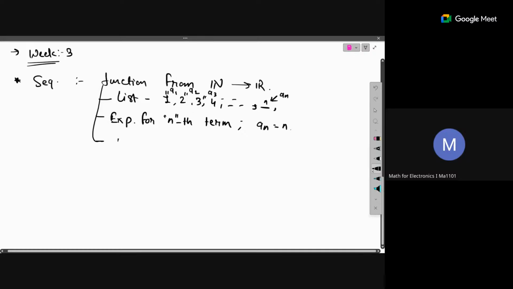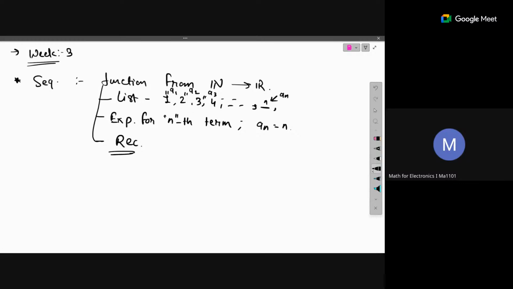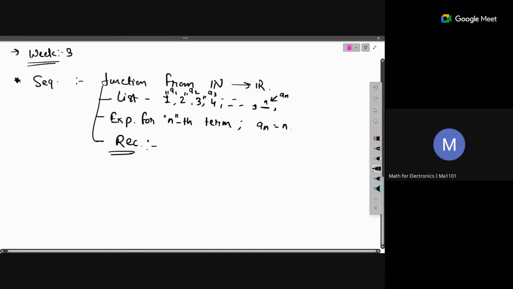And the third one is the recursion relation. That means if you give some relation between an and an plus 1, or an plus 2, such a relation is known as a recursion relation. Why is it known as a recursion relation? Because it uses the previous terms to calculate the next term.